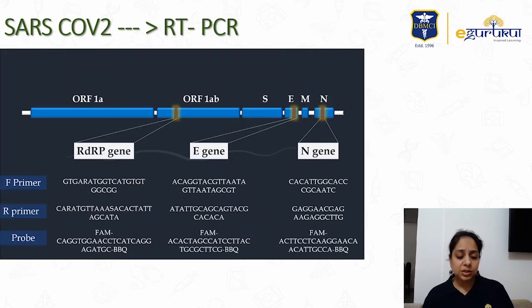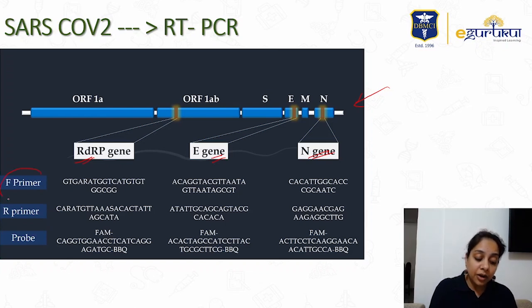Okay, so this is the genome of the SARS-CoV-2. All the kits that are available in the market are based upon just 3 kinds of genes, they are targeting 3 genes: the RdRp gene, the E gene, and the N gene. And based upon those 3 genes, we have the forward primer, reverse primer, and the probe.